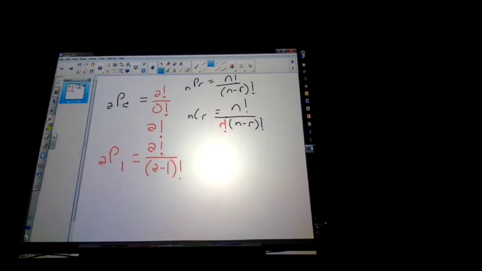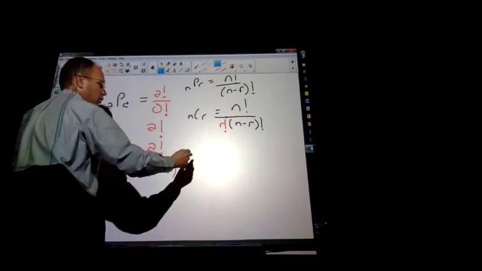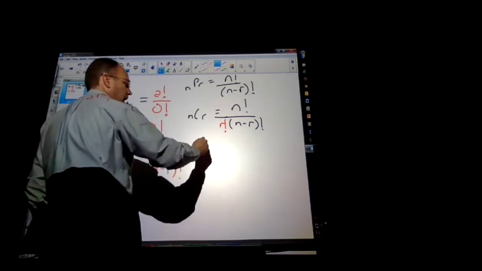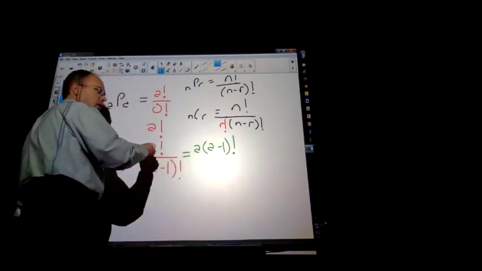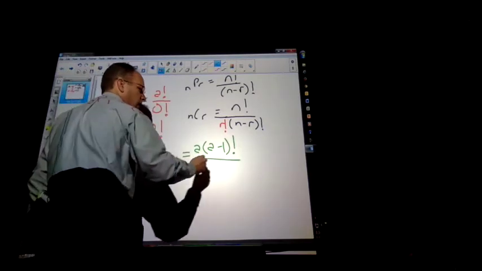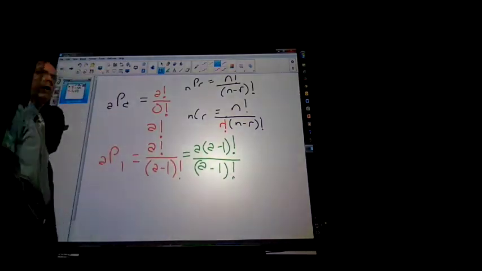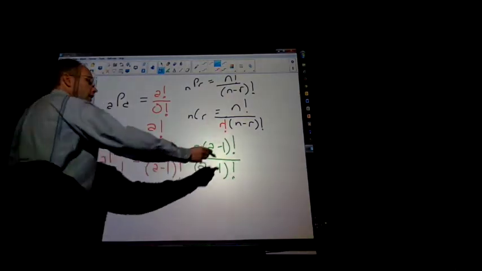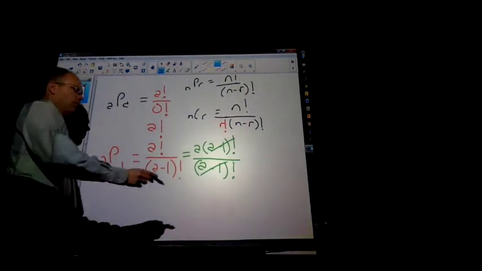Is it okay to leave it like that, or does it reduce down? The trick to this one is that a times a minus 1 factorial is the same thing as a factorial. Then if this goes over a minus 1 factorial, what cancels? The a minus 1 factorial. So what's the answer to this one? Just a.